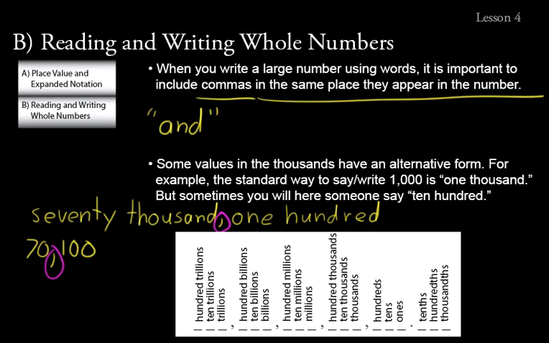And one final note here before we get going with examples. Some values in the thousands have an alternative form. For example, the standard way to say or write 1,000 is this right here, 1,000. But sometimes you'll hear it written or said "ten hundred" for 1,000, "eleven hundred" for 1,100, "twelve hundred" for 1,200, and so on.